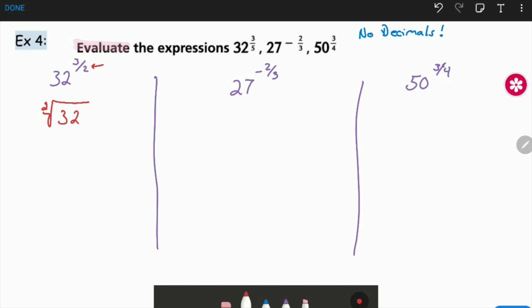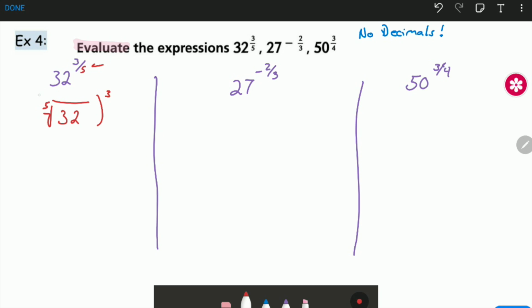For most of our problems, when we're trying to evaluate rational exponents, this form is more helpful, at least for the scope of Algebra 2. So we have the square root of 32. That's not the square root, that's the fifth root. I wrote it wrong. Fifth root of 32. I was wondering there because I knew they were all supposed to be perfect powers.